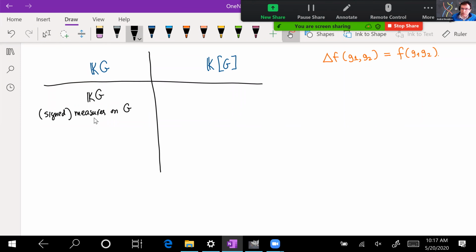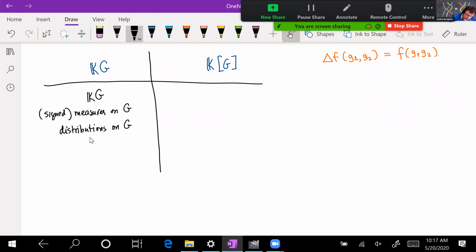Measures are defined as dual to some function space. And if you take a different function space, you will be talking about distributions on G. In particular, you can talk about distributions supported at the identity.